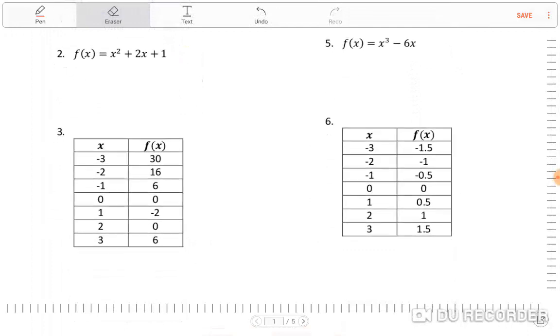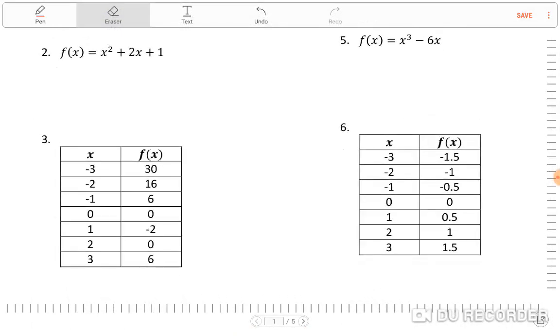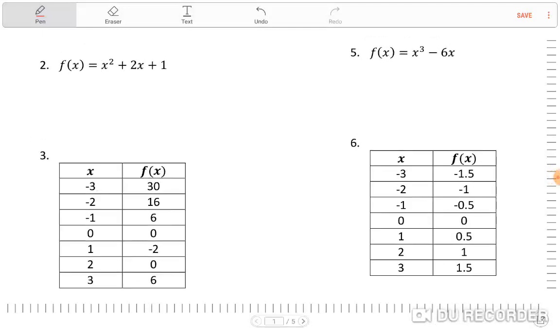Alright, so let's look at number 2 and number 5. Here they're giving us the function written in the form of an equation. So what you want to do on these is change the x's to negative x's.